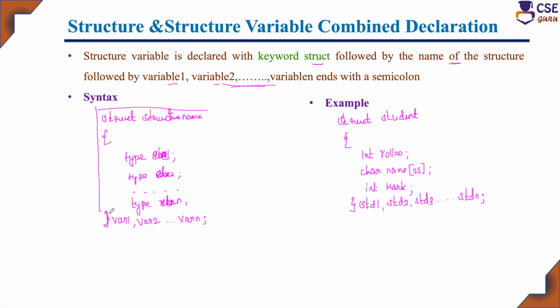Up to here it is the structure declaration, and this is the structure variable declaration. You can combine both here. Previously we saw how to declare a structure and how to declare a structure variable separately. This is the combined declaration. Usually we prefer this one for easy representation. So this is the example.